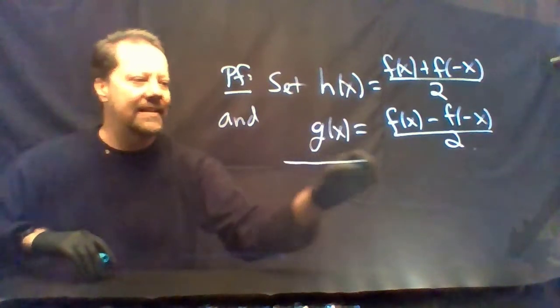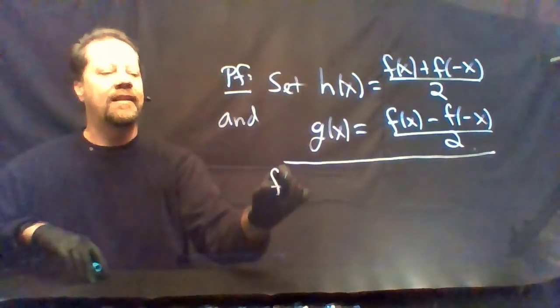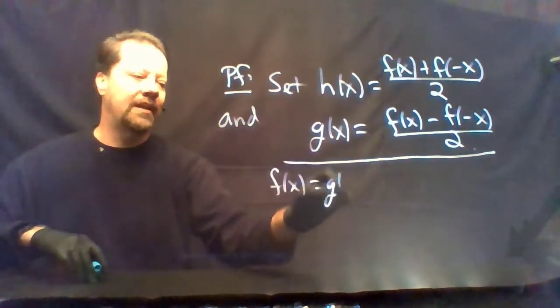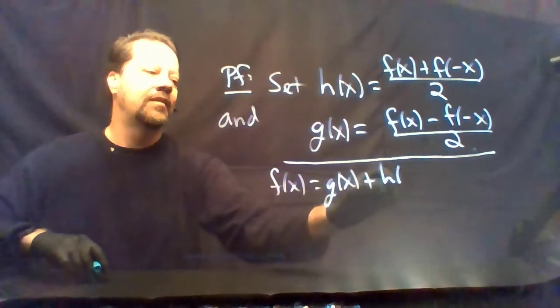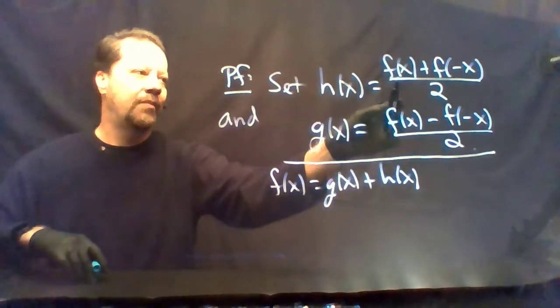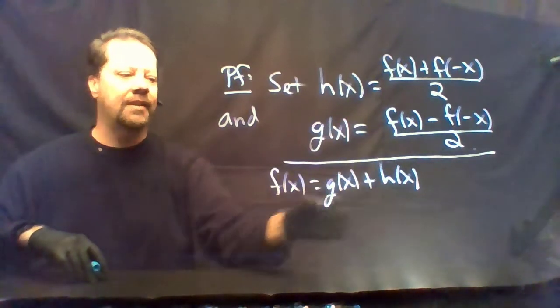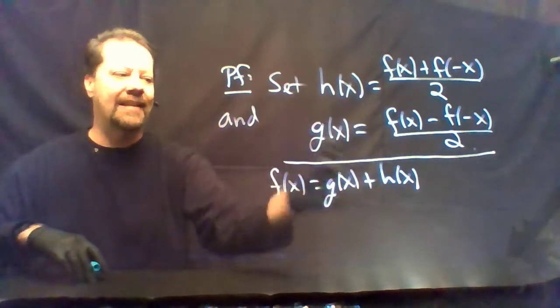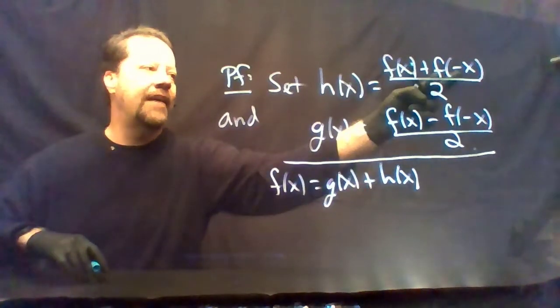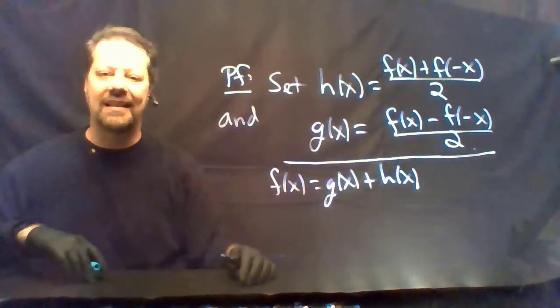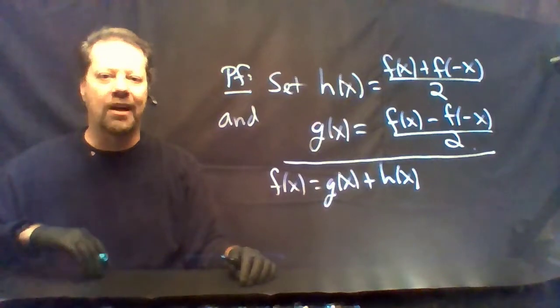It's pretty easy to see that f of x will in fact be g of x plus h of x. We have a 1/2 of f of x added to a 1/2 of f of x. Gives us all of an f of x when we add these two. And the f of minus x's will cancel out because they have coefficients having opposite signs.